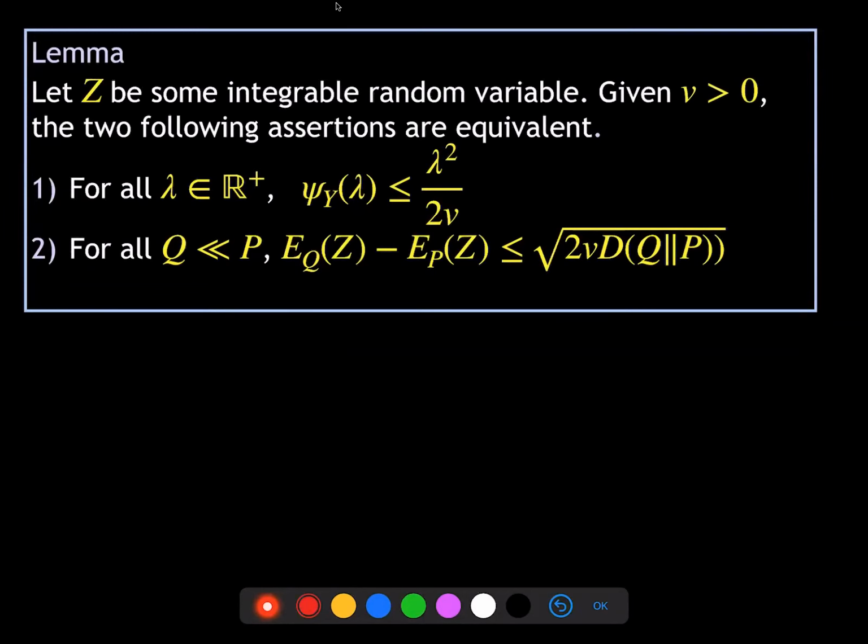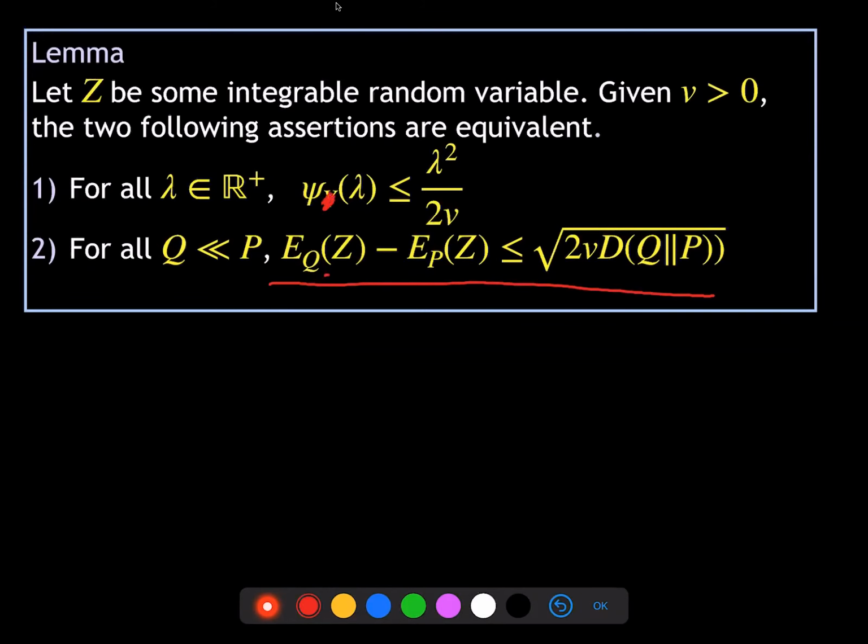A variable y will be such that the log of the moment generating function is less than lambda square over 2v if and only if this relation holds about the difference between the expectation of the variable under q. So here there is a misprint.